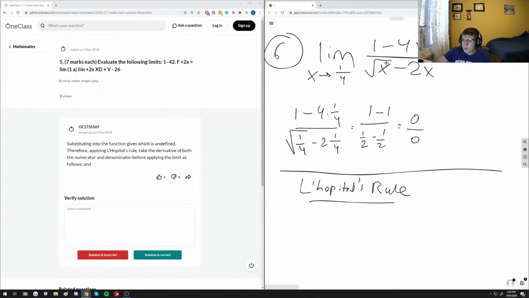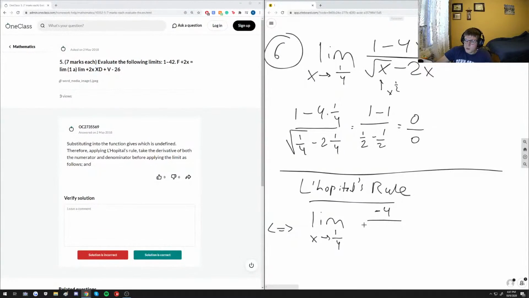So we can differentiate the numerator and the denominator, and what we end up getting is the limit as x approaches 1/4 of minus 4, because the derivative of a constant is 0 and the derivative of minus 4x is minus 4, over, we can write this as x to the 1/2 power.